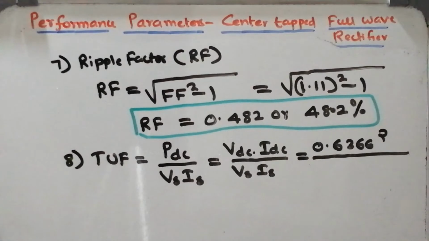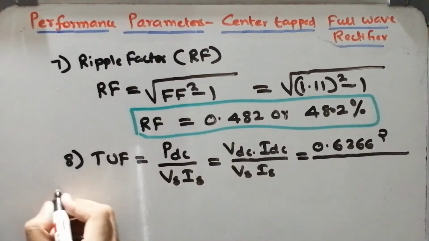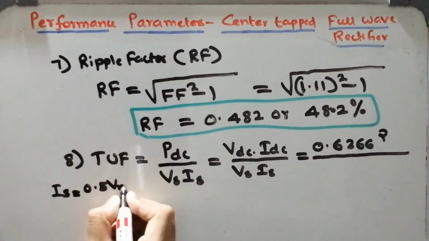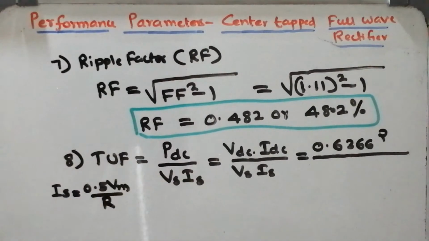So Is you can calculate using the formula 0.5 Vm divided by R. Here Is equals 0.5 Vm divided by R. That is Is. So we can calculate the Vs. Vs is root 2 into 0.707 Vm.